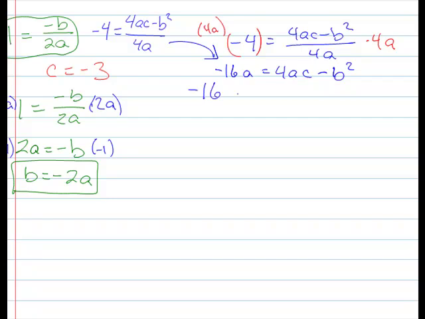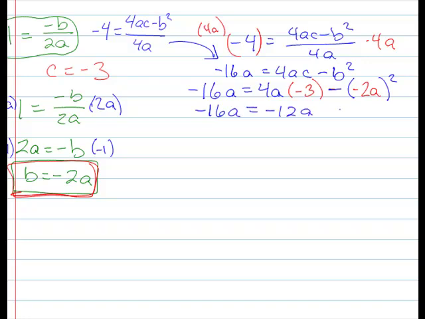So I've got -16a equals 4a times my c, which is -3, and then for b squared, instead of writing b, I'm going to plug in that -2a. Basically, I've taken that ugly fraction and converted it into an equation that only has a's in it. So I'll continue simplifying.